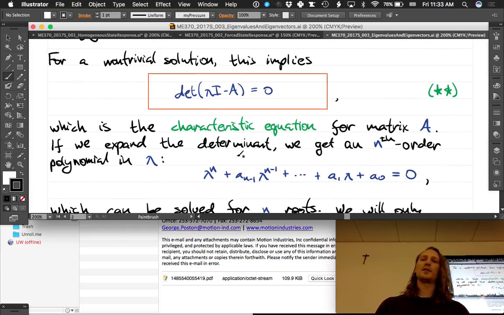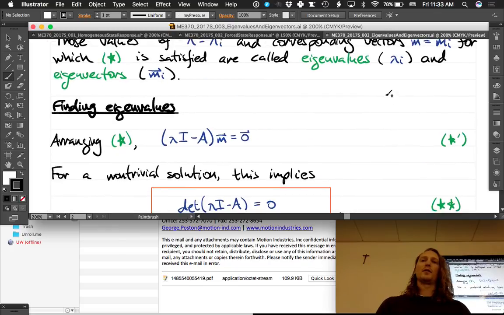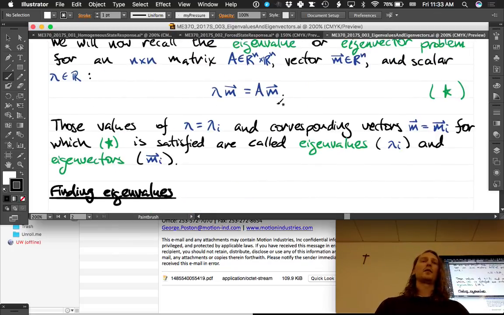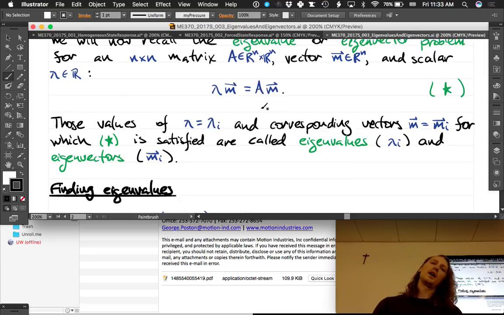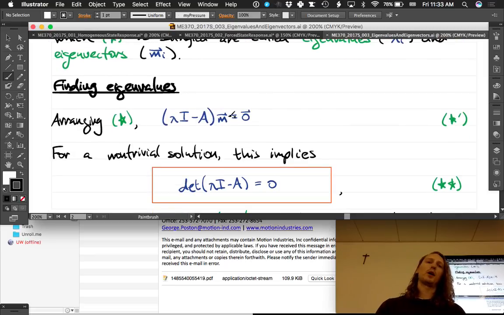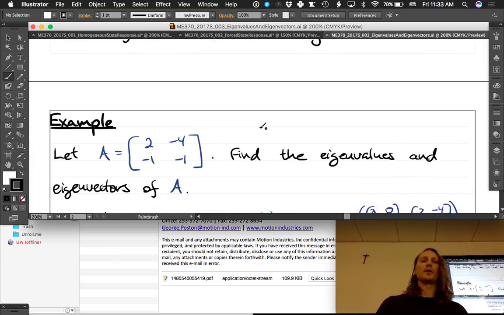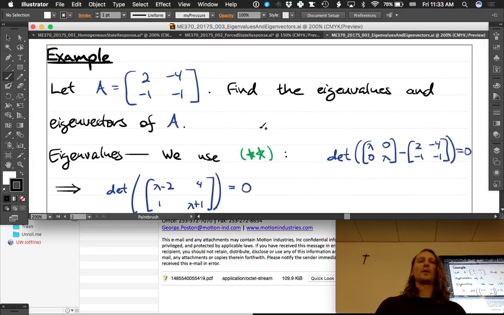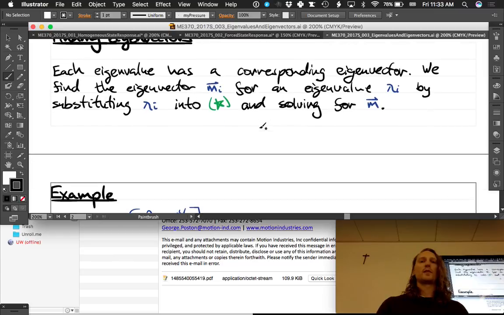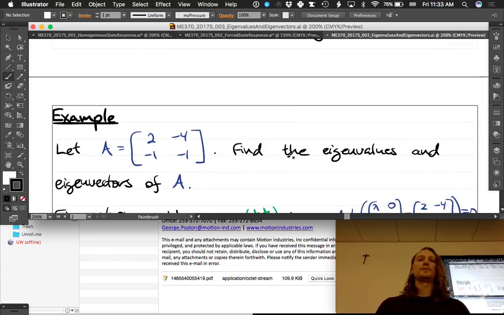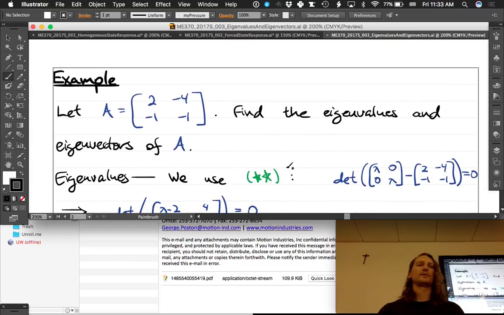So star was this equation up here, solving for m. But of course, star is equivalent to star prime, which is another form that we might want to use as well. So either one is equivalent. So what we're going to do is learn this by example.